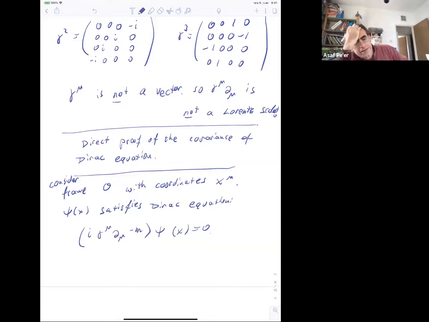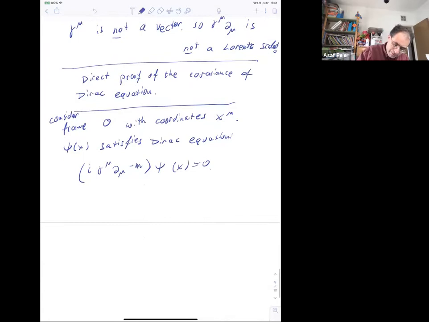Now, if this equation is to be Lorentz covariant, I'm now looking at this from the point of view of a second observer, a frame O prime, which has coordinates x mu prime.